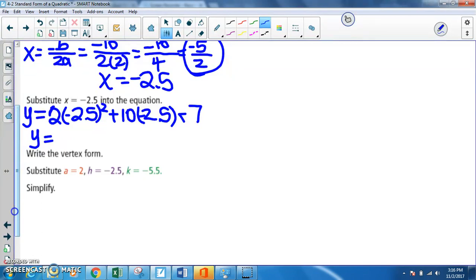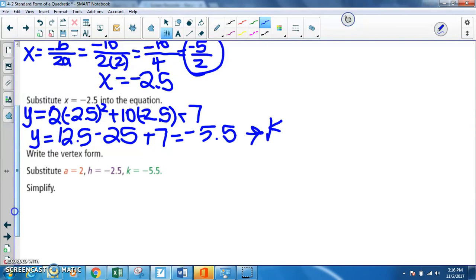Negative 2.5 squared is 6.25, times 2, which is 12.5. 10 times negative 2.5 is minus 25, plus 7. So 12.5 minus 25 plus 7 is equal to negative 5.5.